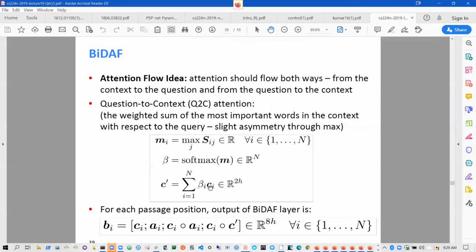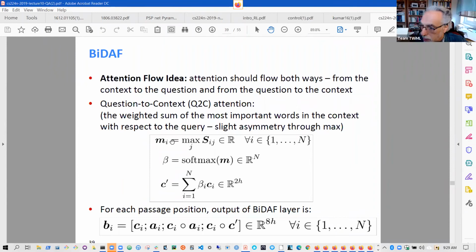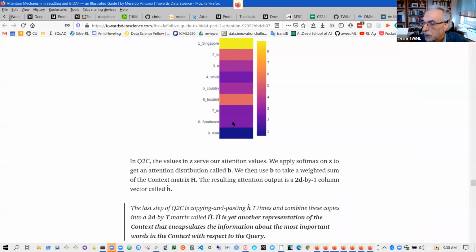So M is a set of maxes across all the question words. That's right. M1 is the maximum of the similarity matrix row 1. M2 is the maximum of the similarity matrix row 2, and so on. And that's the same as his Z, right?